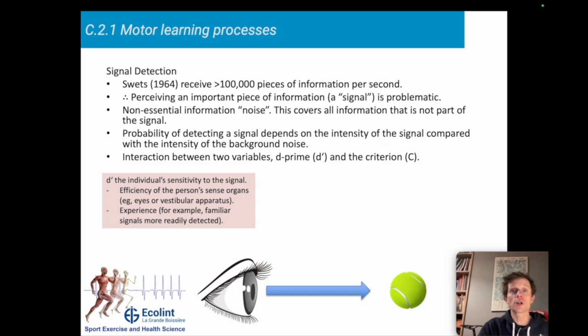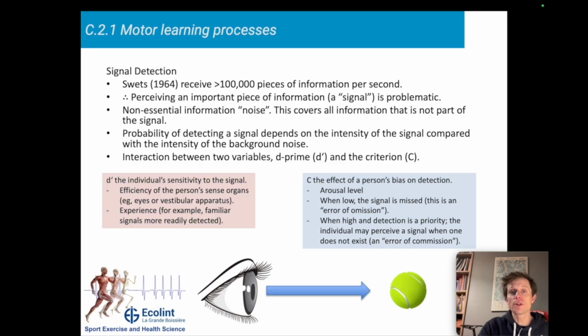If, for example, you're colourblind, you're much less likely to be able to pick out a tennis ball on specific coloured backgrounds than somebody who isn't colourblind. The experience of the individual is also going to have a significant impact on the person's sensitivity to that signal. For example, if you are familiar with picking out a tennis ball on a coloured background, this is a signal that you're used to, and so therefore you're much more sensitive to that signal.